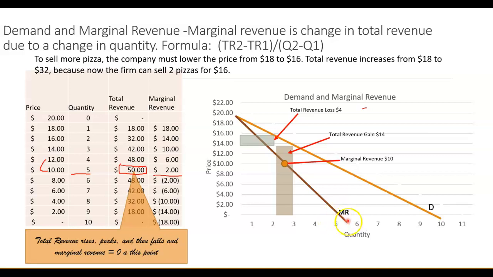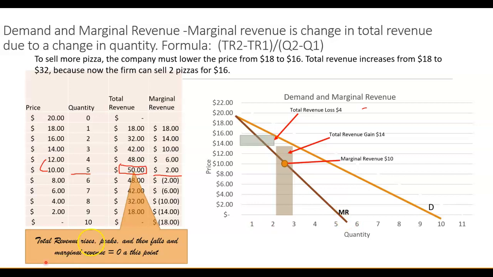So the question is, does it make sense to produce over here? And the answer to that is no. We are maximizing our revenue at 5 units. And somewhere between the 5th and the 6th unit, our marginal revenue drops below 0.